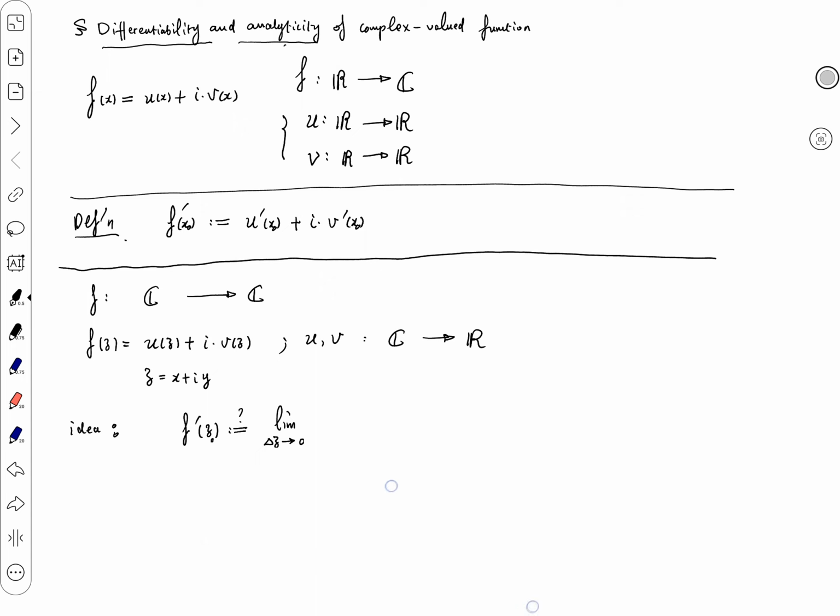So here z naught is a complex number, delta z is a complex number that is changing, approaching 0, but still legally allowed to be a complex number.